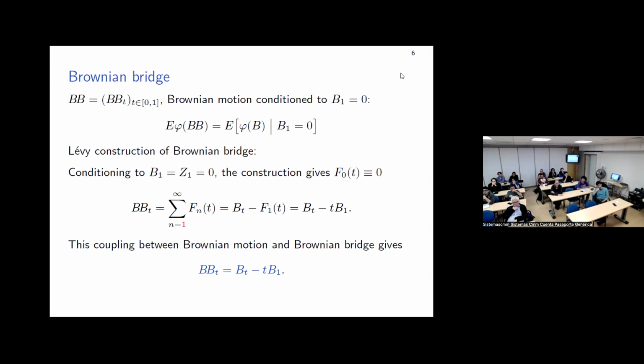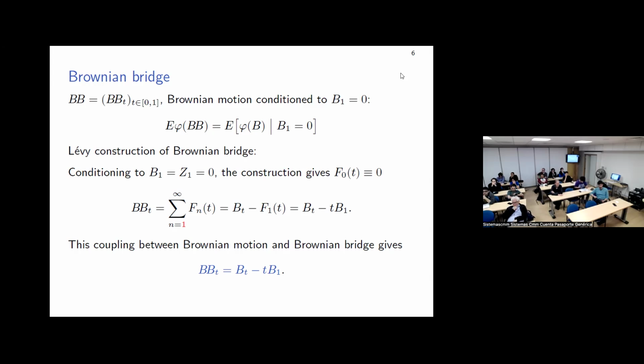It's the expected value of that function, conditioned on B_1 equal to 0. This is conditioning on a set that has probability 0, but the Lévy construction of Brownian bridge gives you immediately the Brownian bridge if you sum 0 instead of Z_1.